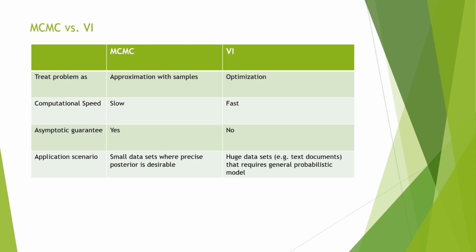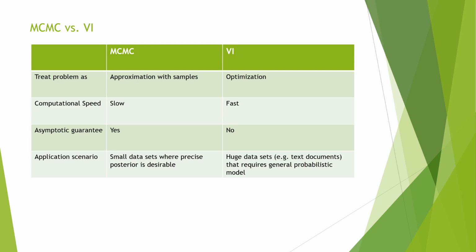As a result, the computational speed of MCMC is generally slow, because we need to take lots of samples. But in VI, the iterative process we have seen is typically quick to converge. There is good asymptotic guarantee for MCMC, because it's designed so that the stationary distribution of its Markov chain is just the posterior. But in VI, we do not have such a general guarantee.